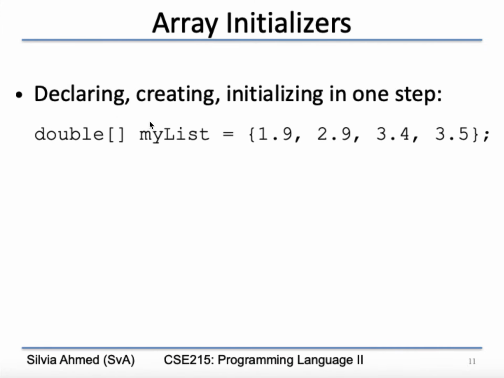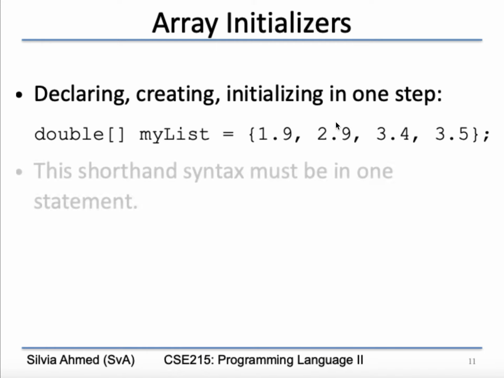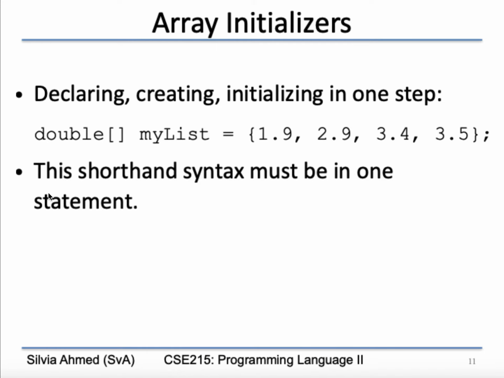We can actually declare, create and initialize an array in one step, and that is done by this. For the declaration, we have to write the type, then a bracket pair, and then the name of the array, then the assignment operator, and inside a curly brace pair, we will just list the initial elements. This is the only way to initialize in one step. This shorthand syntax must be in one statement.